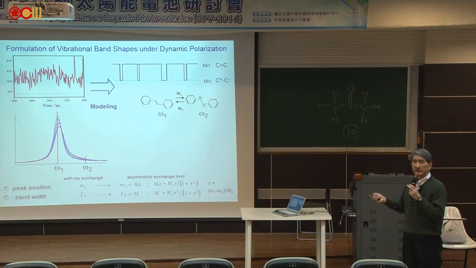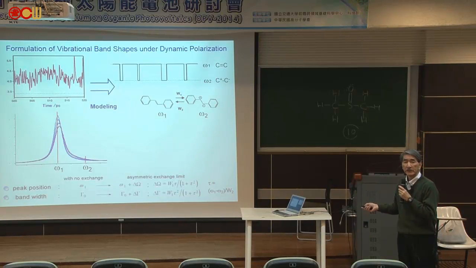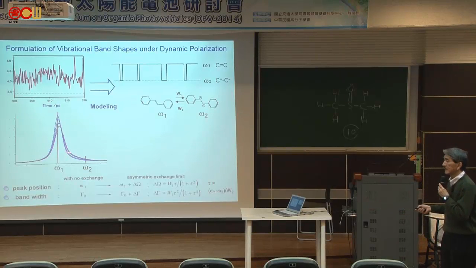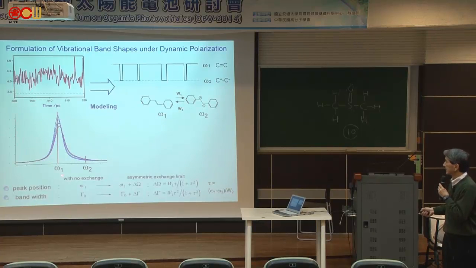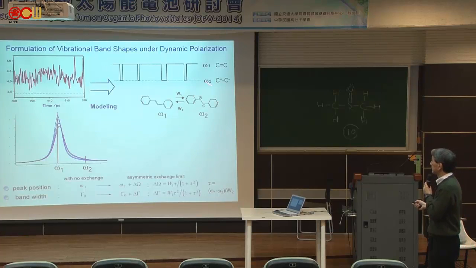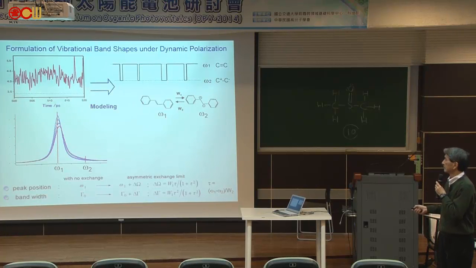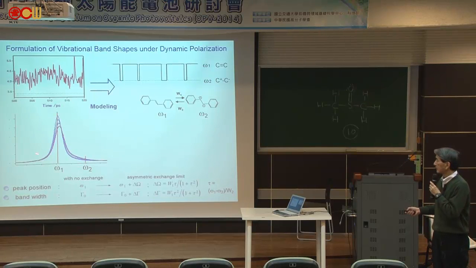So effectively its peak position goes to lower wave number, and at the same time the width increases. Okay? If there is no exchange, it always stays at omega 1 wave number with a very small width. But if you have this exchange, the peak position is lowered closer to omega 2, and the bandwidth increases.